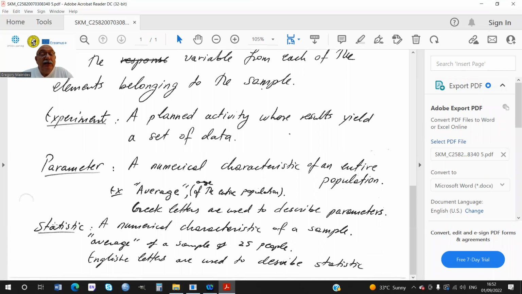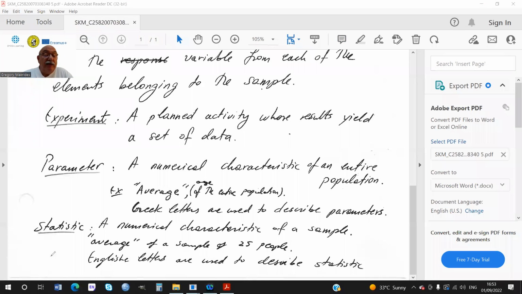A parameter and a statistic: when we take measures of populations, let's say the average of the citizens of Limassol, when Limassol was a population in our example earlier, then we symbolize the average with a Greek letter. If it's a sample and we take the average in a sample, then it's a statistic, and we use English letters.